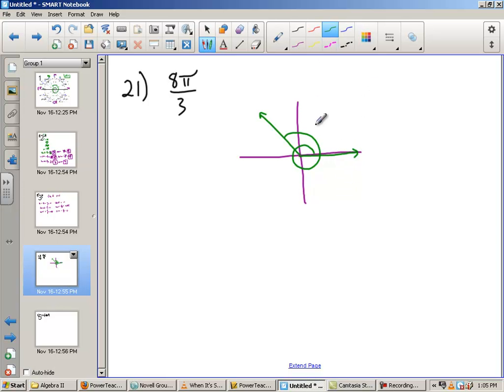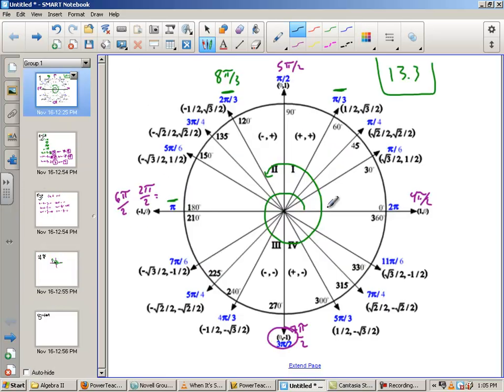But I'd like to talk about its reference angle. In other words, if I made a right triangle out of that, what would its theta be? So here's one side, here's another side, and of course theta goes right there. So what's that theta? Well, the 360 isn't going to help me. So I want to talk about, going back to that unit circle, as I went around, 2 pi was 6 pi over 3.